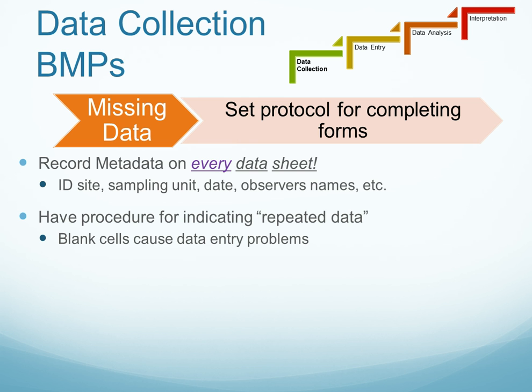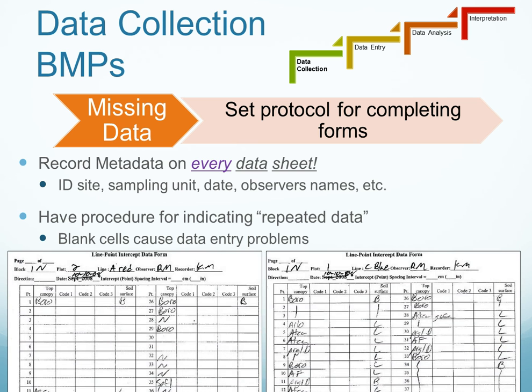We also have to have a procedure for indicating repeated data, because recorders will get tired of writing the same words over and over again. We see two examples here. On the left, there are some large areas that are left blank. Now, we don't know if that means that data wasn't collected or if it was.